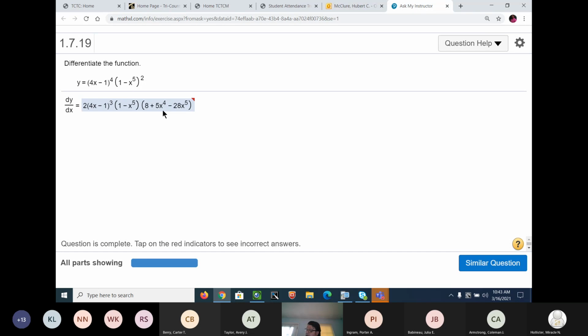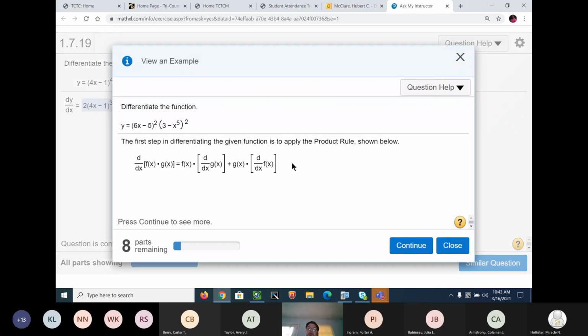Wow. That 4x minus 1 to the 4th power, that'd be the same thing as 4x minus 1 squared times 4x minus 1 squared. And that 4x minus 1 to the 3rd power, I can't believe they did all that algebra. I'm going to look and see if they actually did all that algebra.